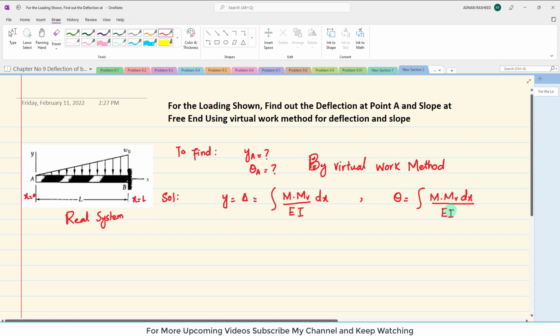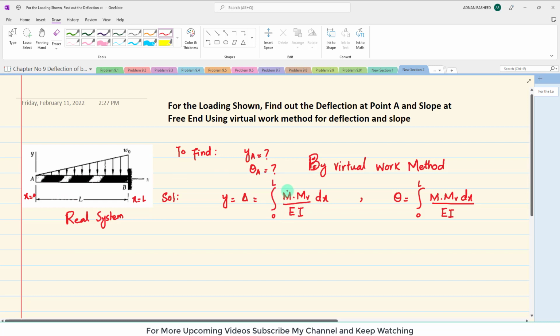Now here the limit starts from 0 to L. Clear? So we will put 0 to L, because there is no other load, so the limit will be from 0 to L.